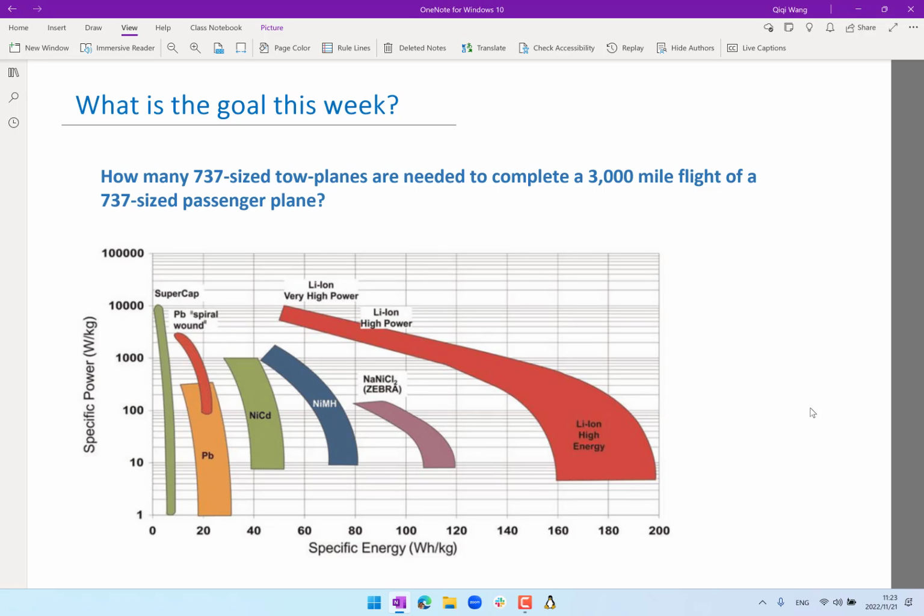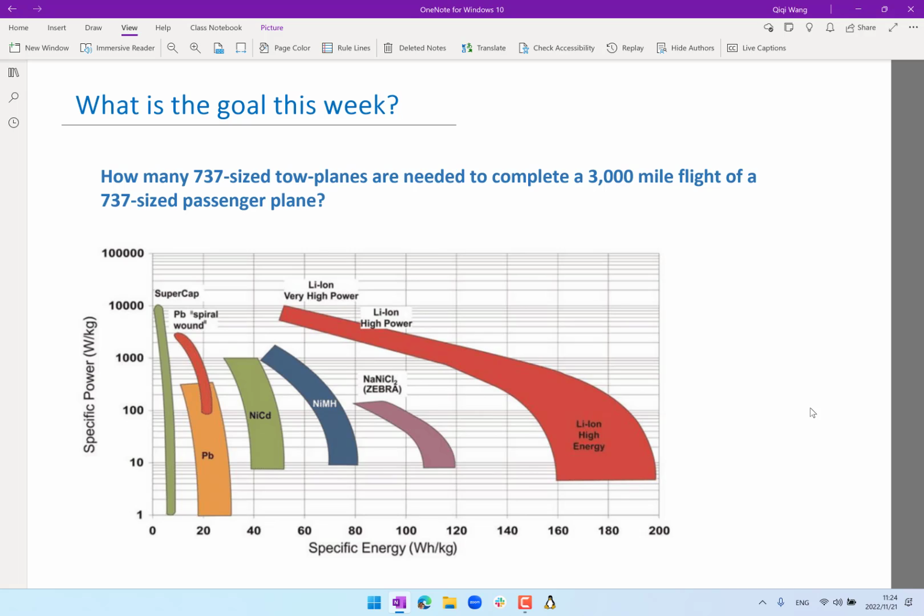The aerodynamics is really how much energy do you need to complete the journey. So basically, what you need to do this week is to analyze the aerodynamics of 2 airplanes flying one ahead of another, and to figure out, if both airplanes are exactly what a 737 is like today, how much energy do you need?